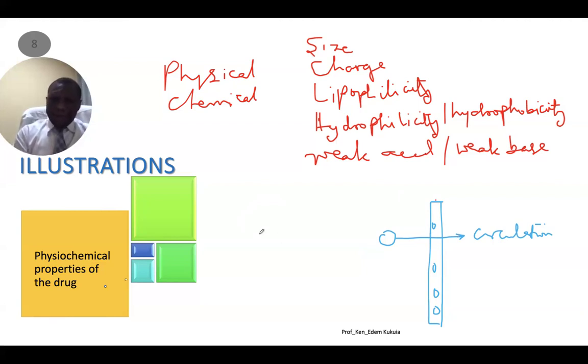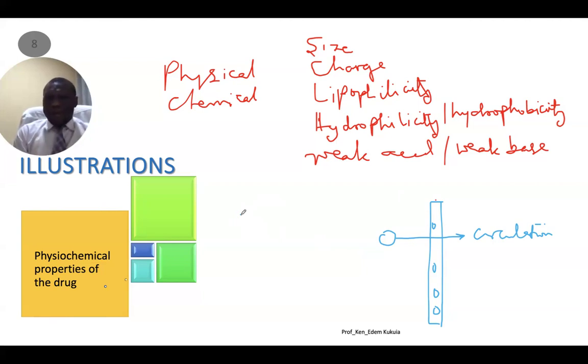You pick a drug like aminoglycosides. They are normally described as very hydrophilic agents. Now, because they are hydrophilic, it makes it difficult for them to cross cell membranes. But if you have another drug like chloramphenicol, this is not too hydrophilic.